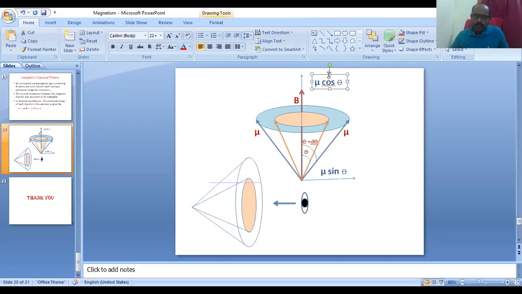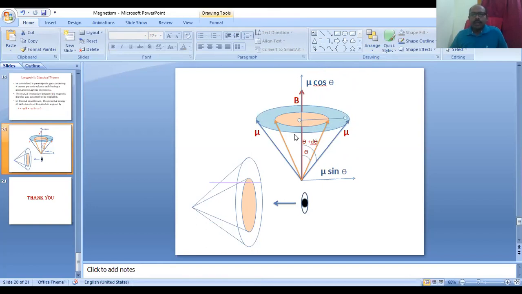Similarly, we come to know why it is mu cos theta and mu sin theta. This is our mu, and we draw a perpendicular line from here to here, just like this.